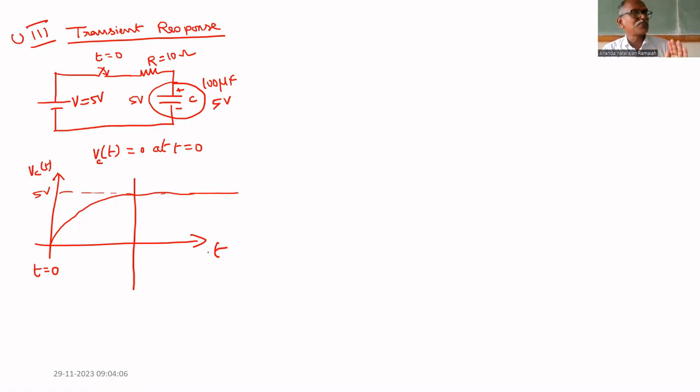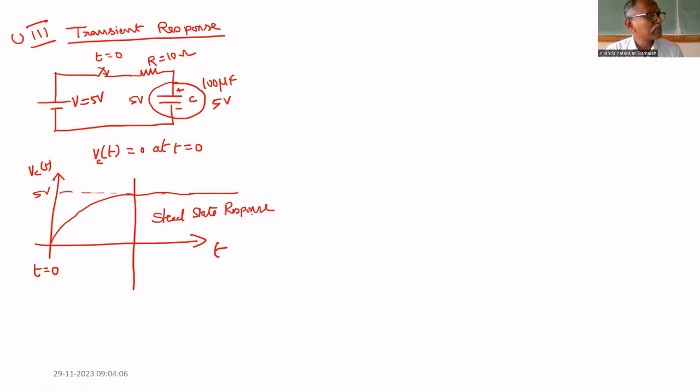As long as the switch is closed, the voltage across the capacitor remains 5 volt. Once it reached 5 volt and remains 5 volt, this part is called steady state response.